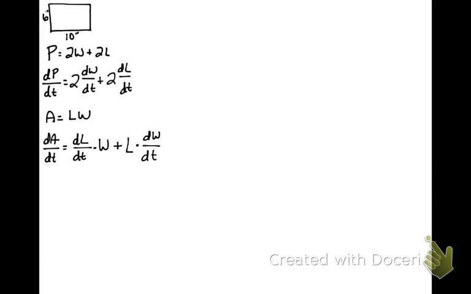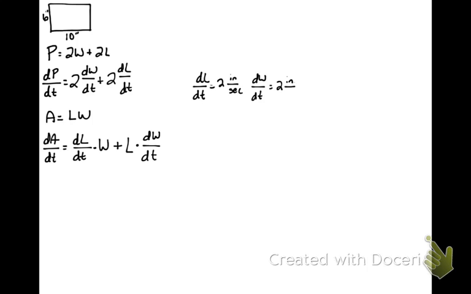Now that we have these formulas, we might be able to do something once we know their rates. So let's consider this rectangle again. But now we're told that the length and width are increasing at the rate of 2 inches per second. What that means is that dL/dt is 2, because it's increasing by 2 inches per second. And we're told that dW/dt is also 2 inches per second.